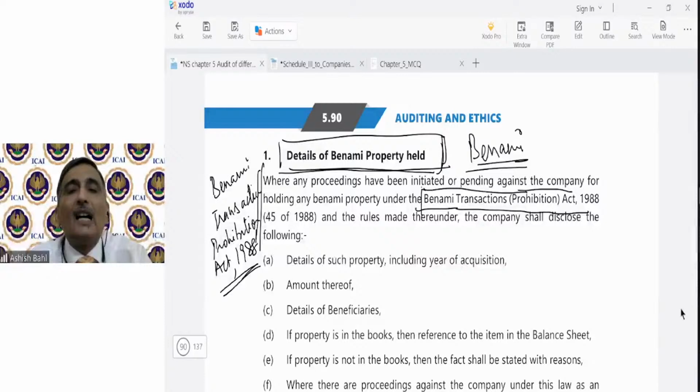So the company, the entity is investing money itself, but the property is held in somebody else's name, and it is also used by that person who has paid the money. The ultimate benefit of that property is going to that person.